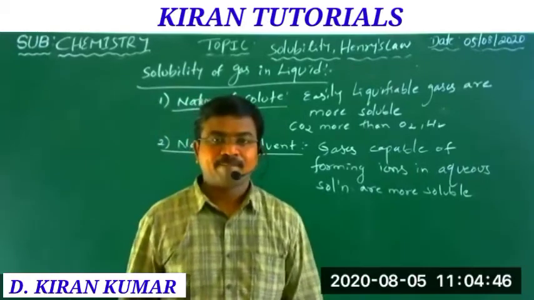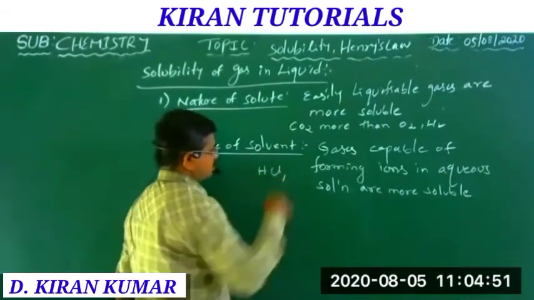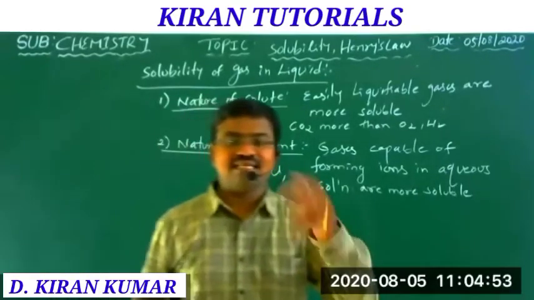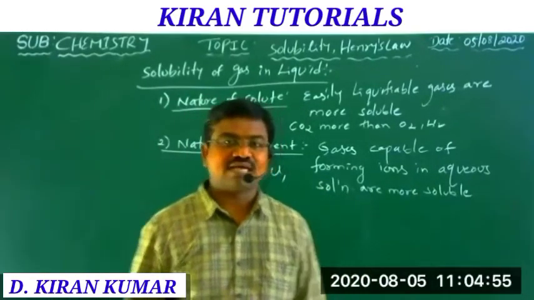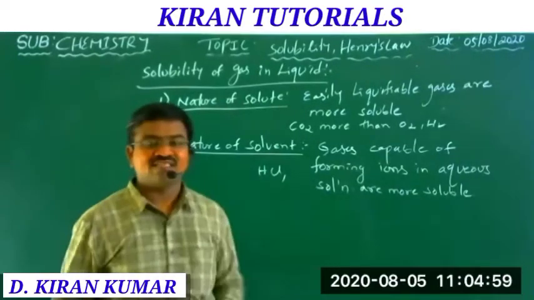Clear? Example, HCl. H plus and Cl minus are the easily formed charges, ions. So that is nature of solvent.